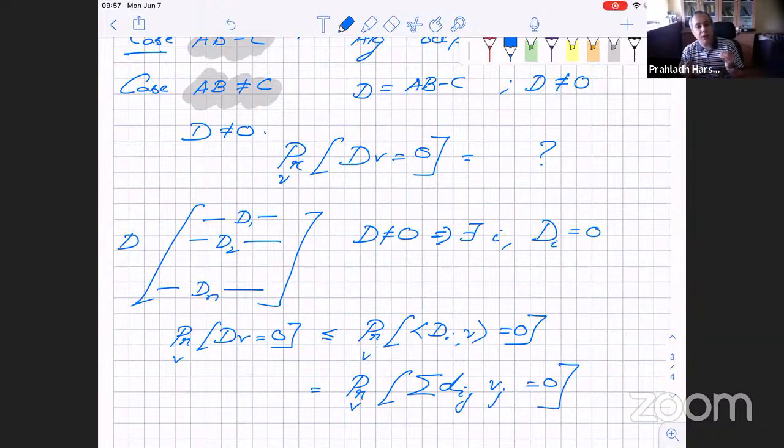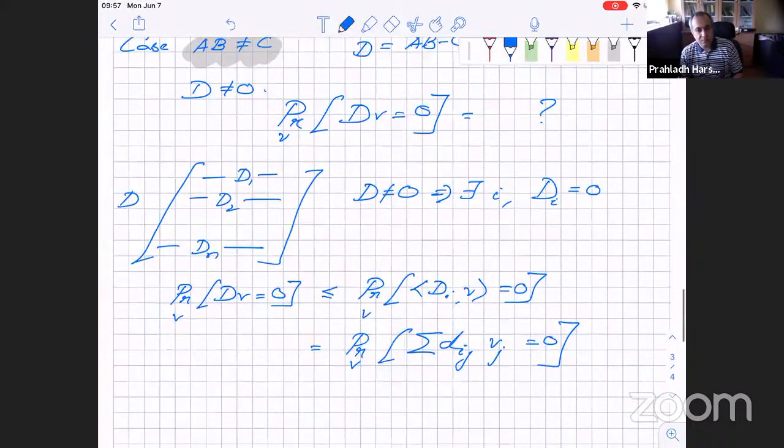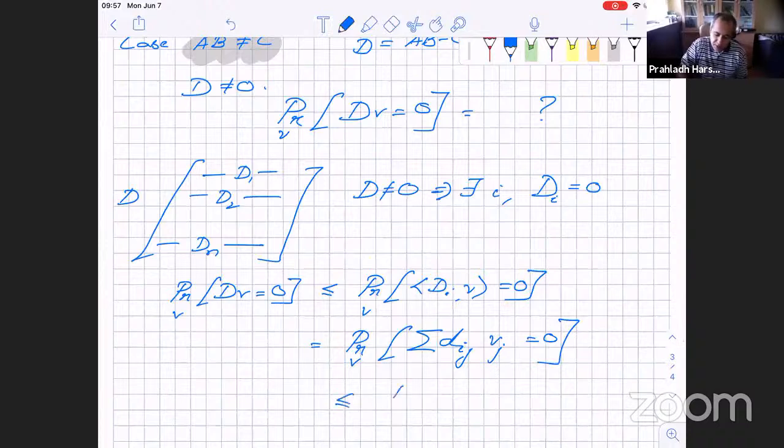This is a multivariate, an n-variate polynomial of degree 1. And we are asking how frequently can this be 0? The Schwartz-Zippel lemma tells you it's at most 1 over size of S if V is being chosen randomly from S to the n.